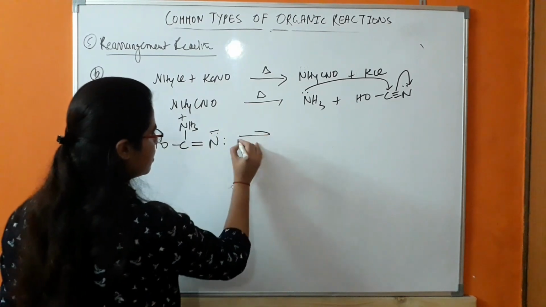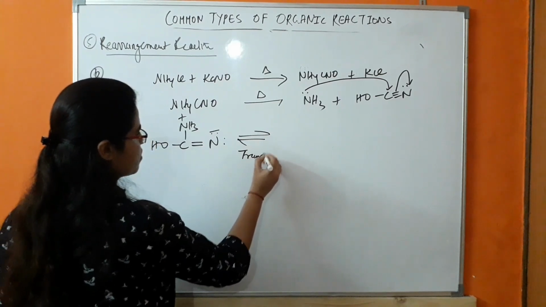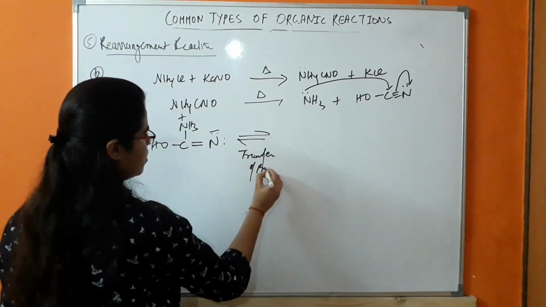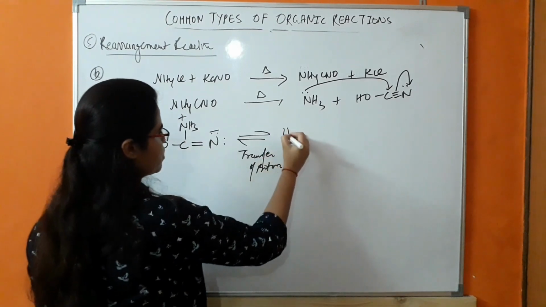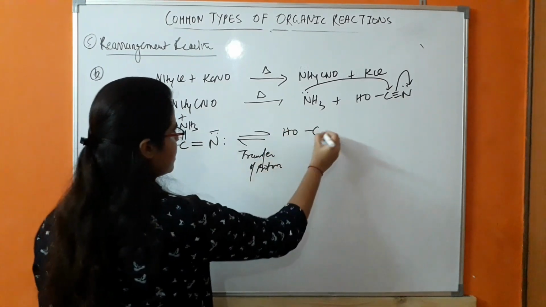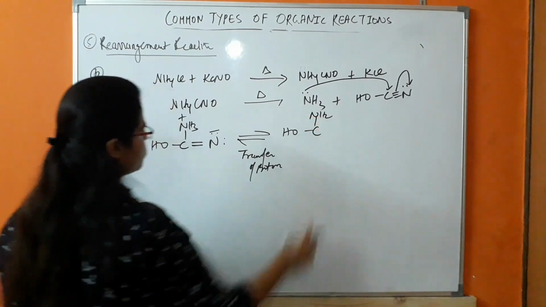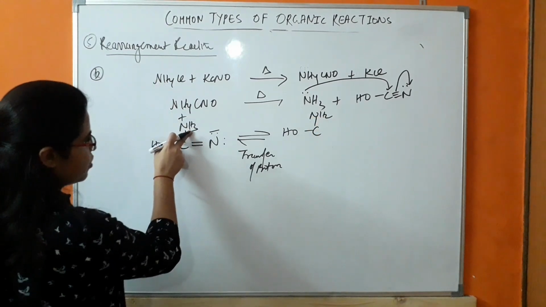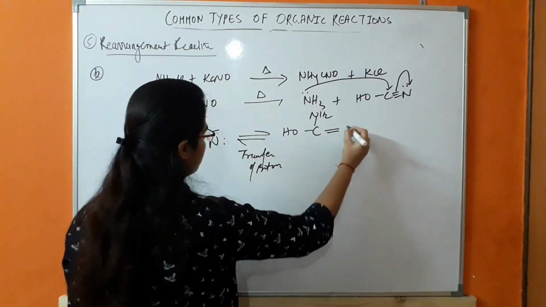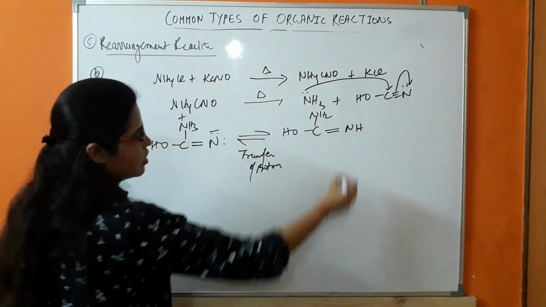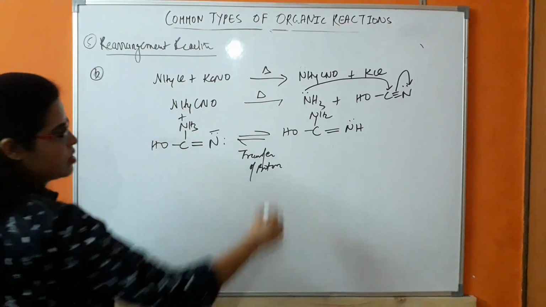So there will be transfer of proton. This will form HOCNH2. Okay, and this hydrogen will be shifted to this side. Double bond NH. There will be one lone pair on oxygen.